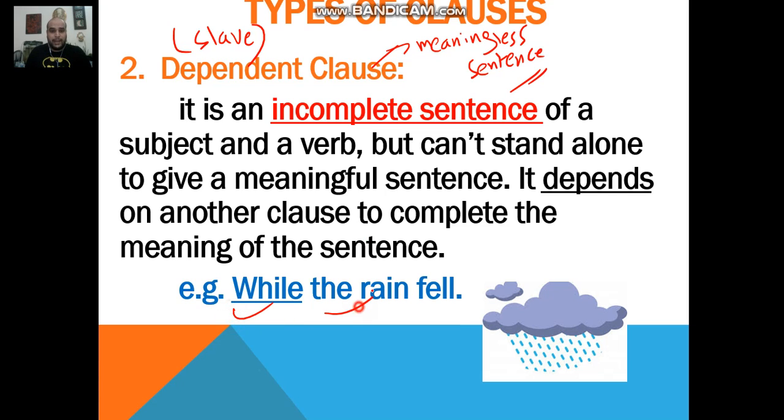While the rain fell: "the rain" is the subject, "fell" is the verb, simple past of "to fall". So, while the rain fell, what happened while the rain fell? I can't understand. There is something else. It depends on something else to be understood. So this is a dependent clause because it depends on another clause to be understood.